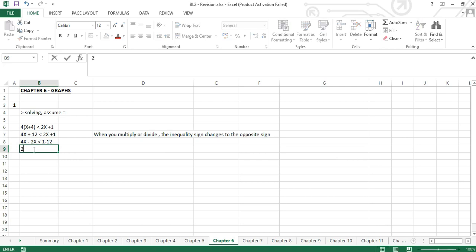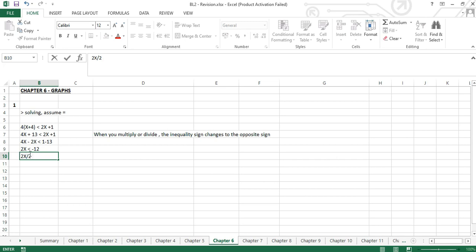Now we will get the answer 2x less than minus 11. Let's say this is 13, so that I want to make it free from decimals. So it's minus 12. Then you have to find only x now. So to find x, you have to divide 2x by 2. Then only it will leave x alone.